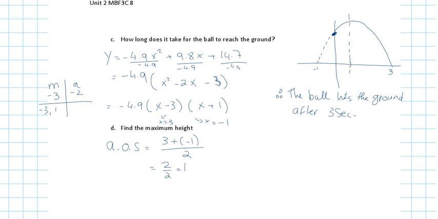So if I put 1, I like the factored form the most because it's simpler to do. And I think it's 19.6 meters.